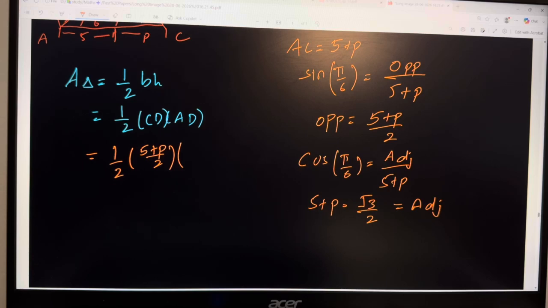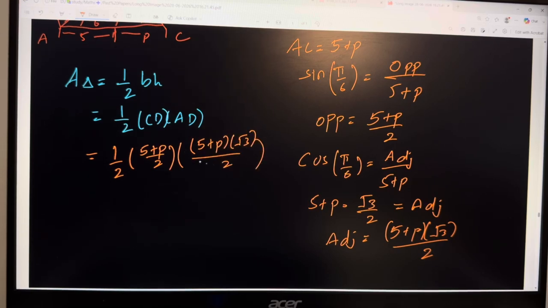We can just multiply them, but let's leave it in unsimplified form. So 5 plus p times root 3, all upon 2. So this is our adjacent, which is our AD: 5 plus p, root 3 upon 2.